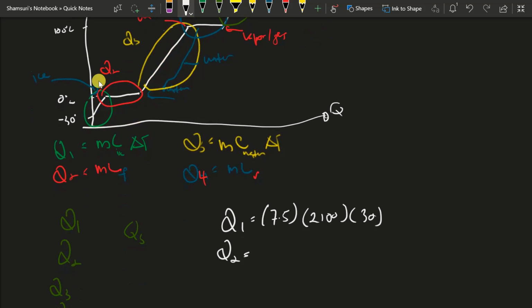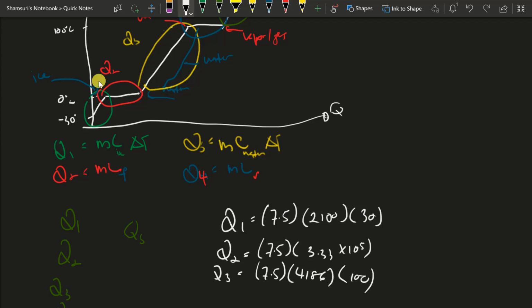Q2 is actually m times the latent heat of fusion, so still 7.5. The latent heat of fusion is 3.33 times 10 to the power of 5. The Q3 is now the change of the water. So 7.5 again, and the specific heat of water is 4200, and the change from 0 to 100 degrees.